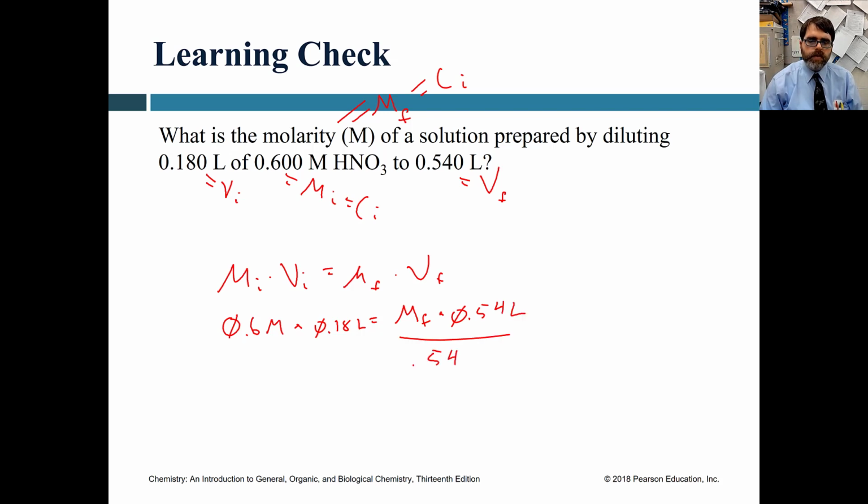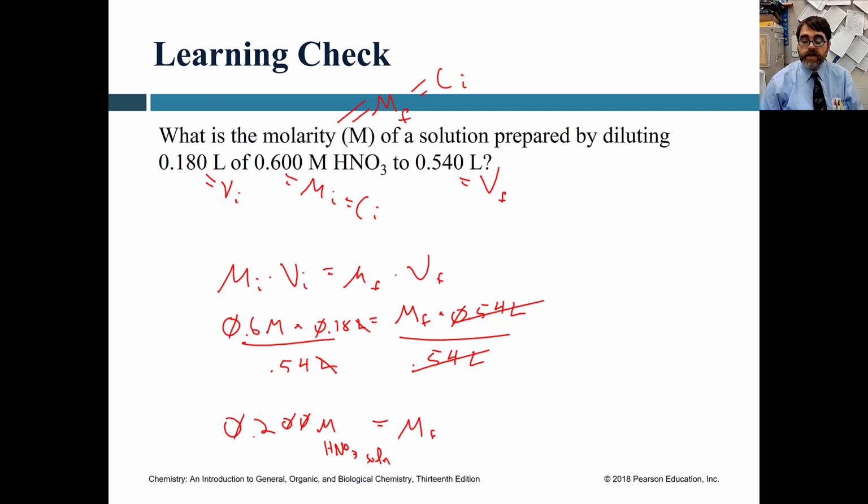Divide both sides by 0.54 liters. And our liters units cancel out. The 0.54 cancels out, and we're left with molarity final is equal to 0.200 molar HNO3 solution. And that finishes up section 5.